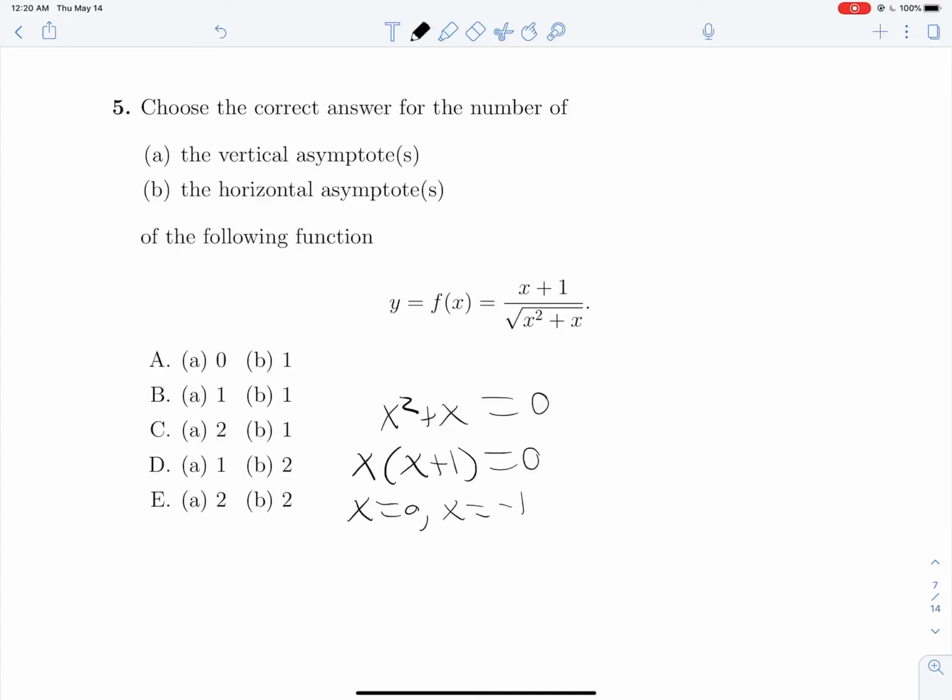Now, what that means for us is that we can set up the point slope formula for our line at both of these points. Our point slope formula goes y minus y0 is equal to m times x minus x0, where this is our slope, m, and x0 and y0 are these points that we have solved for here.